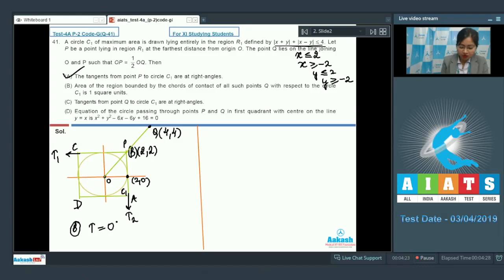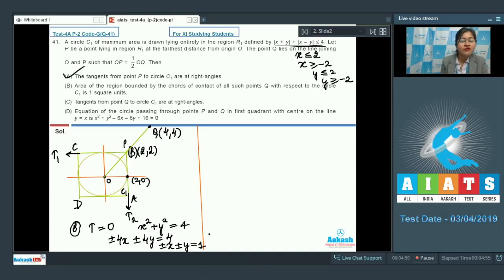Now, we know the center and the radius, so the equation of the circle will be x² + y² = 4. So the equation of chord of contact from (±4, ±4) will be ±4x ± 4y = 4, that is ±x ± y = 1.